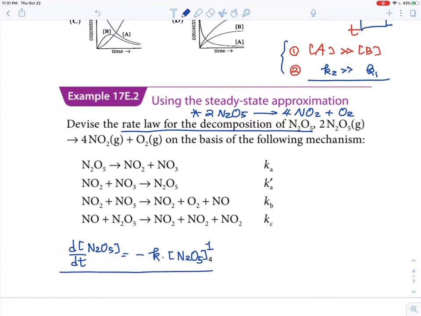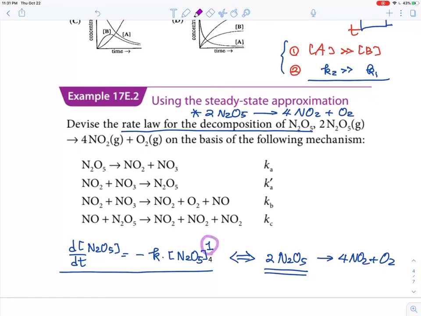This is the result. And remember, this is how we write N2O5 goes to 4NO2 and O2. These two colliding or something could happen, but why is this just first order? It's not a second order, it's a first order.